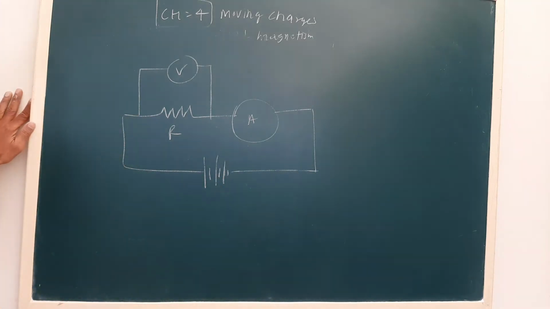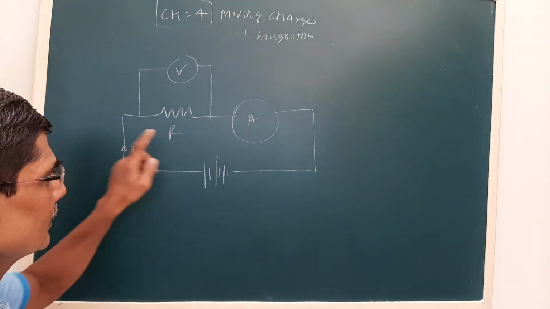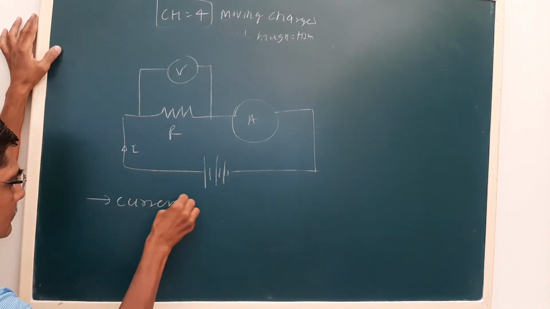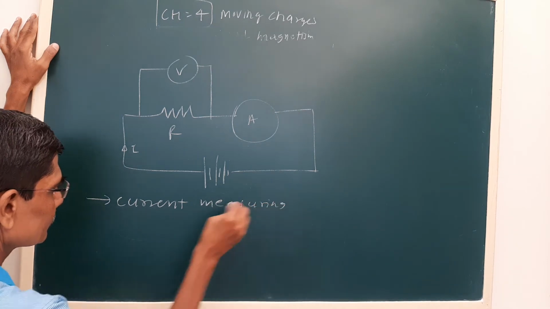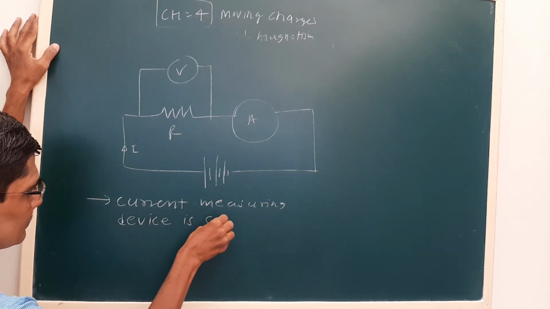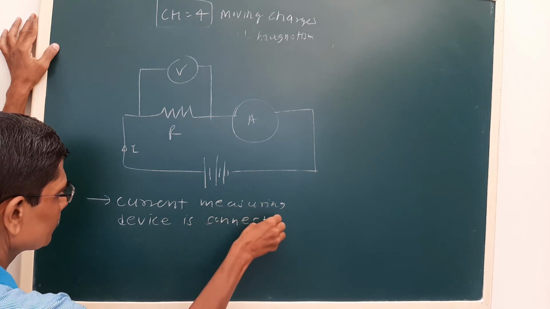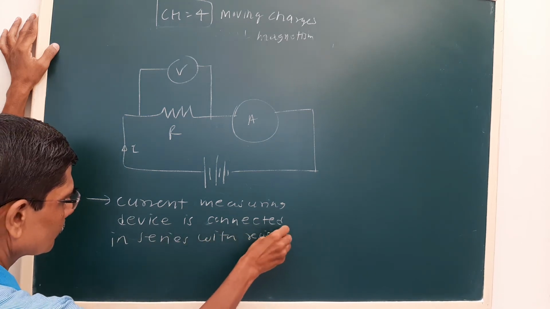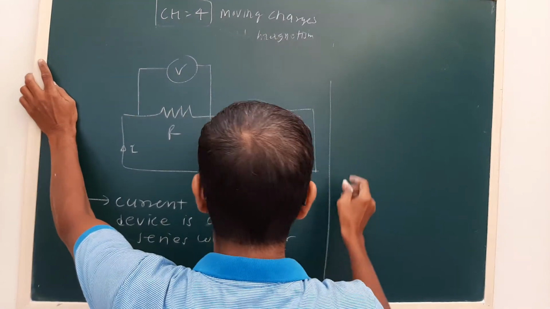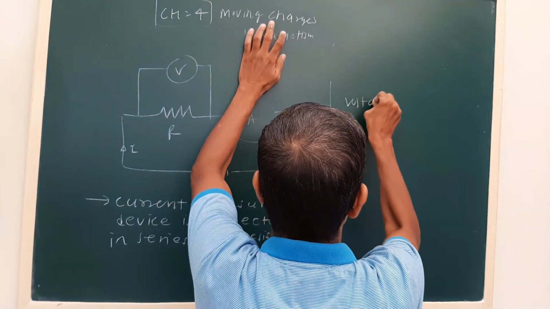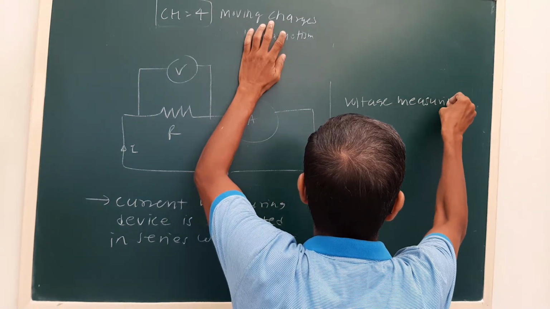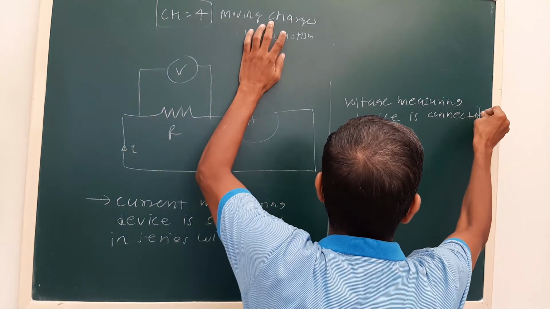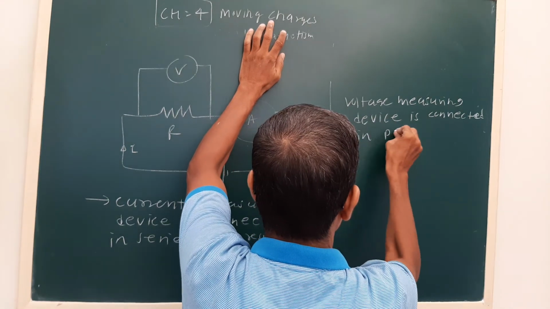In the diagram, the current measuring device is always connected in series with the resistor, and the voltage measuring device, that is the voltmeter, is connected in parallel.